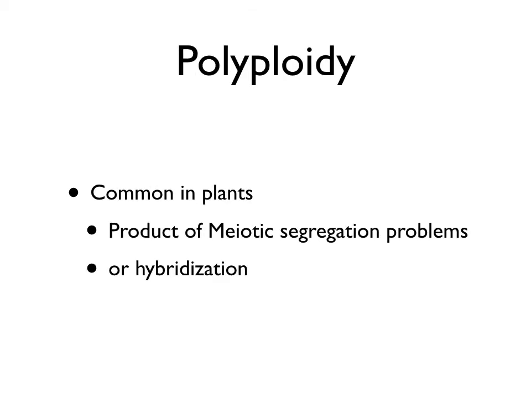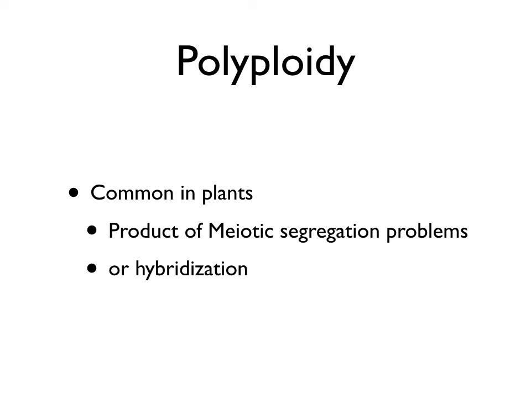Now, polyploidy, this is the other side of the coin, the euploidy side of the coin, in which we've got organisms that have more than just the 2 copies of each chromosome. This is incredibly common in plants, far less common in animals. The gray tree frog example I gave you is one of the few that I'm aware of in vertebrates.